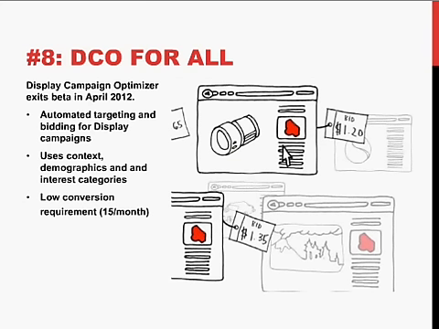And unless you are a really large advertiser, and I'm talking you're spending a minimum of $10,000 a month on AdWords and probably hundreds and hundreds of thousands of dollars a month with the display campaign with AdWords, you probably had never heard of the DCO.